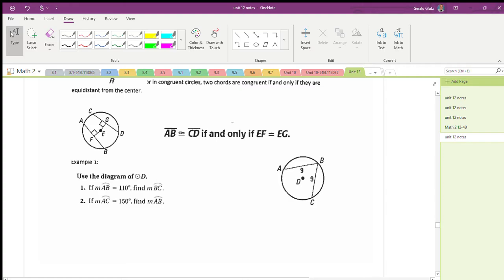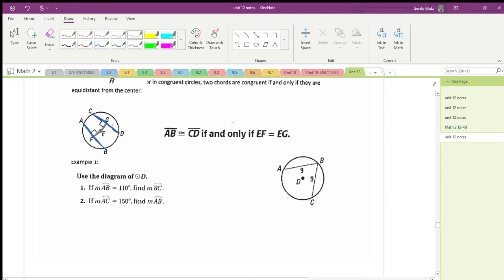And then the next theorem says that these chords, AB and CD, have to be congruent to each other if, let's use a different color, I'll use gray, we have two little lines from the center, EF and EG, and those are congruent or equal to each other.